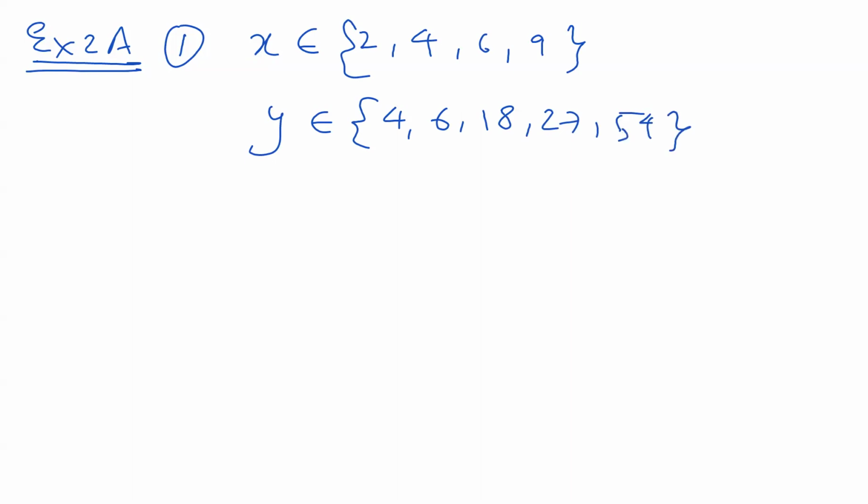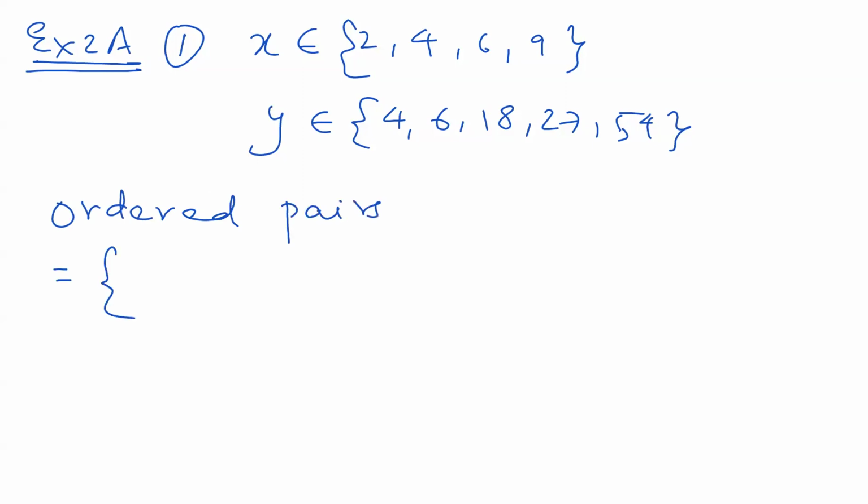We are supposed to write all ordered pairs such that x is a factor of y and x is less than y. So we'll list down all the ordered pairs over here.